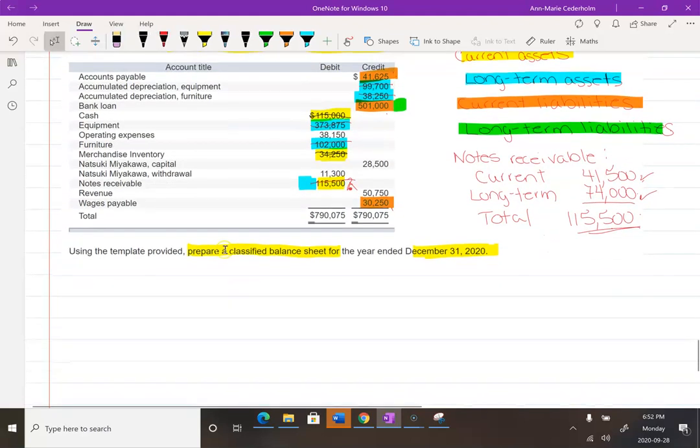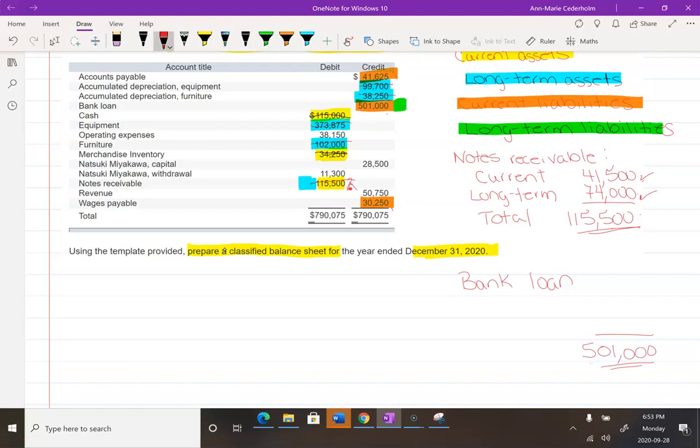So again, if I just write bank loan down here, I know the total is 501. So I need to know what part of this is due within the next 12 months and then what part is due further than a year from now. So then I'll just say current and long term.